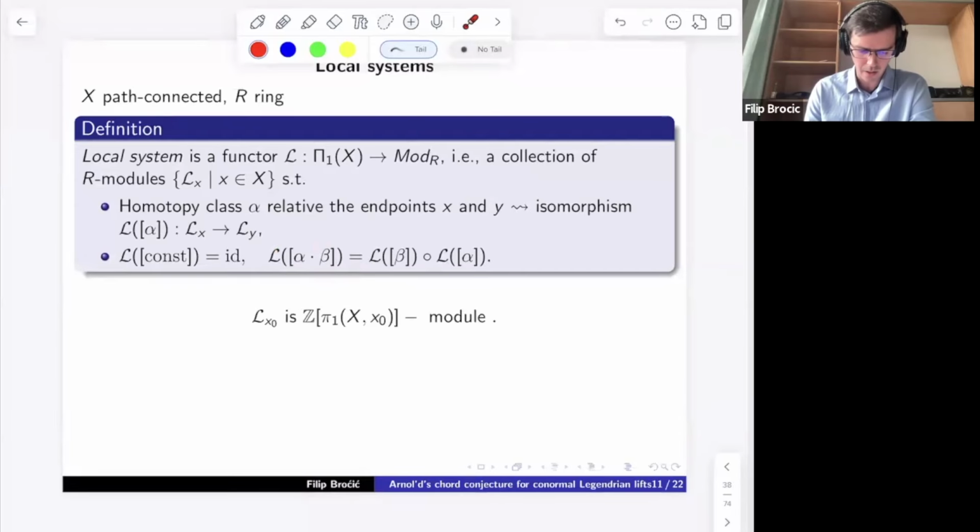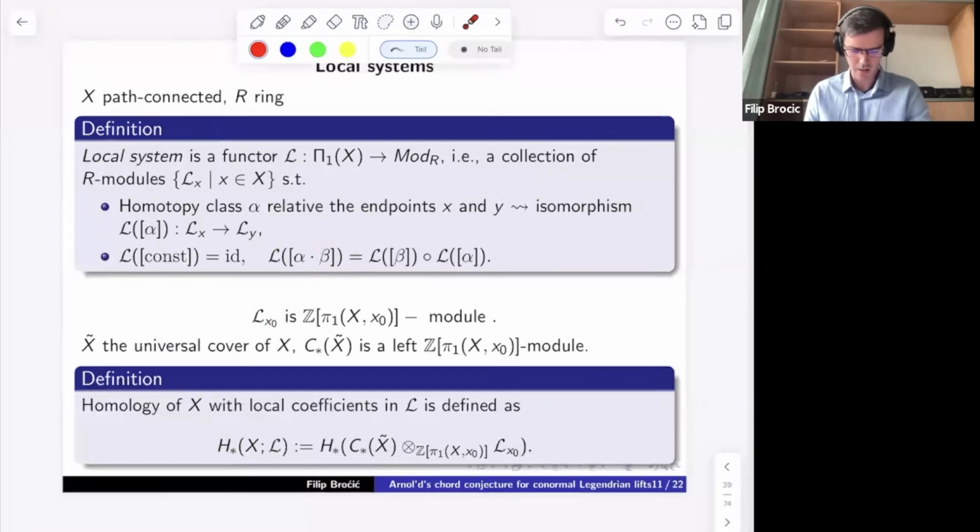In particular, each fiber is a module over the group ring of the fundamental group based at the point where we take the fiber. And then we can define the homology with local coefficients. Take the universal cover of X and consider the chain complex of the universal cover.